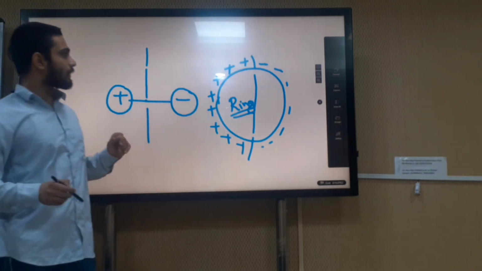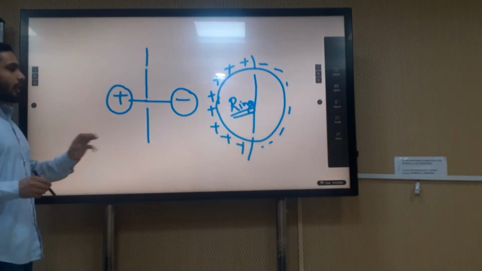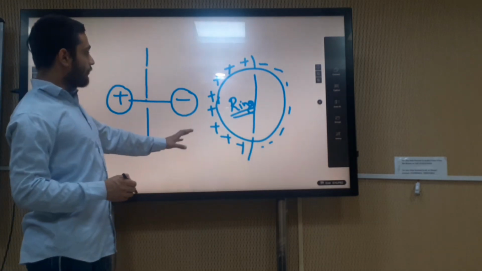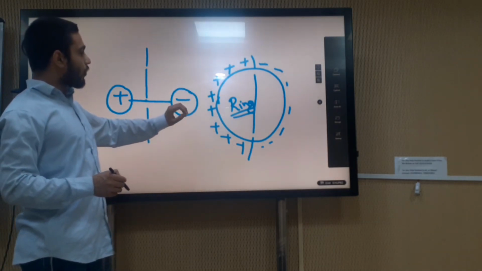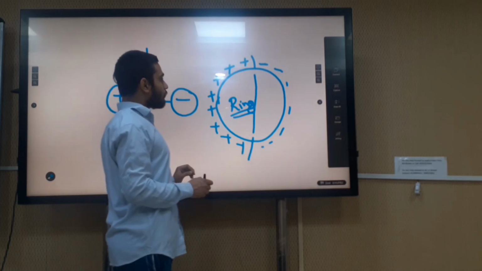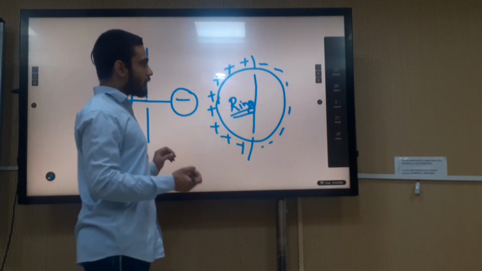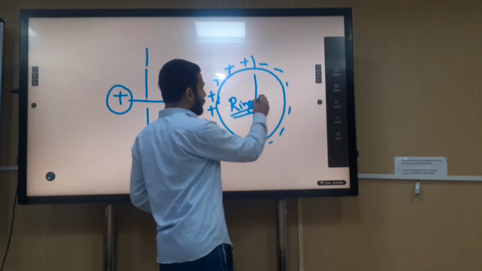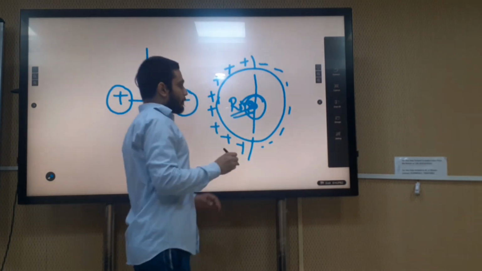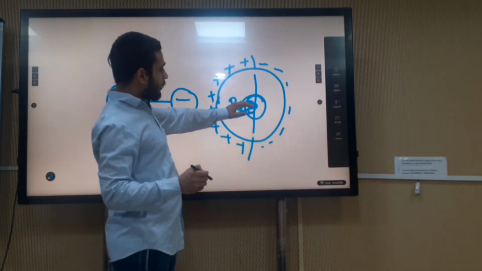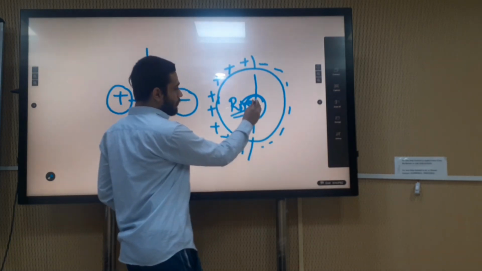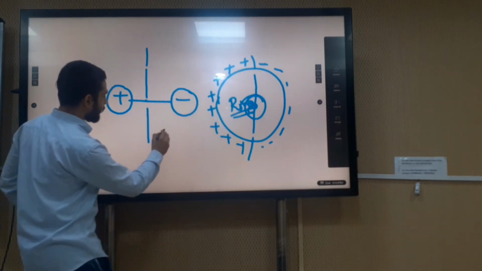What will be the answer if a question is asked like this? Various questions like this were asked in previous years. In what places will the electric potential be 0 in this ring? The electric potential will be 0 on the line which passes through the center of this ring.